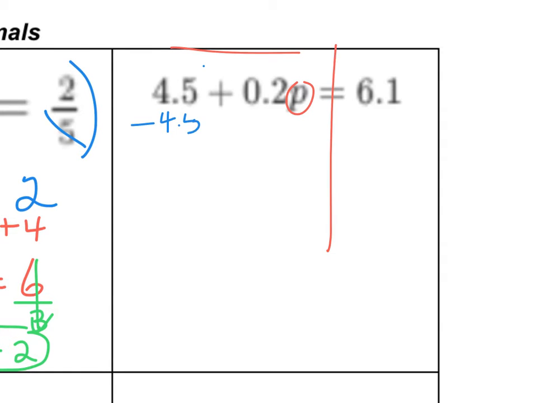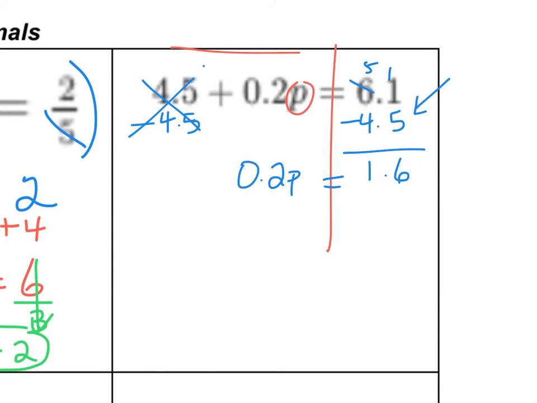And I do that on both sides, or minus 4.5 on both sides of the equation. This cancels out, and 6.1 minus 4.5 is going to be 1.6. And I still over here have 0.2p. Notice how I lined up my decimals right there.